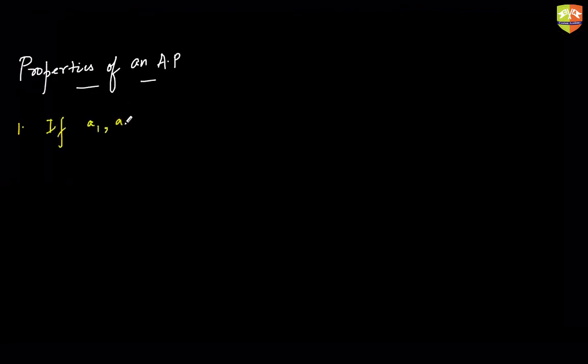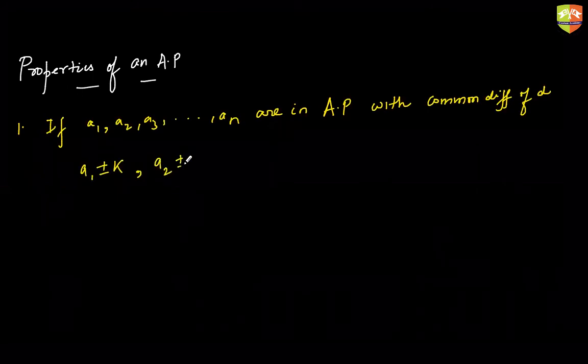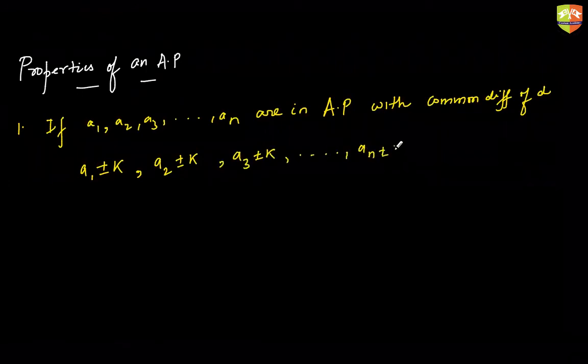If A1, A2, A3 till AN are in AP with a common difference of D, then please note that even if you add or subtract the same term, let's say K, from all the terms, this will also be in AP.